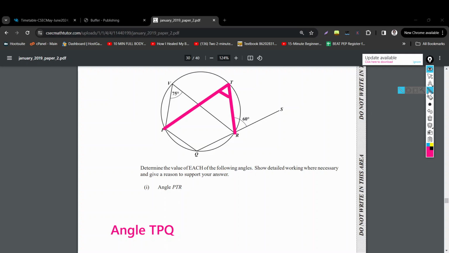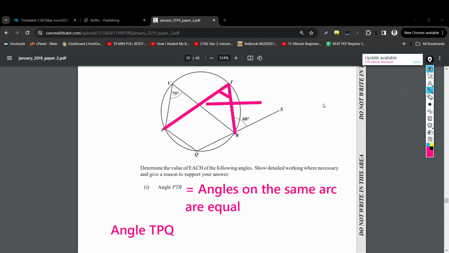So guys, there's a rule, right? And that rule is actually rule number 3, I think, out of all the rules, and it says angles on the same arc are equal. And guys, if you look carefully, let's rub this all out.